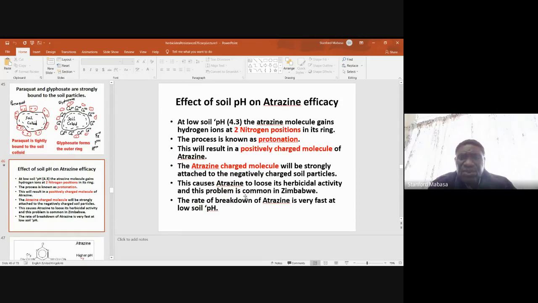We want to examine the effect of soil pH on atrazine efficacy. Most of our soils could have a low soil pH of around 4.3.